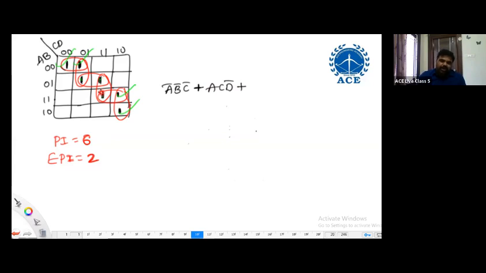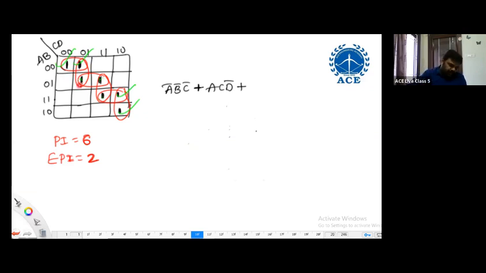Check it correctly, listen carefully. The essentials cover these two minterms. There are 3 minterms which are not covered by essentials. To cover those 3 minterms, we have to choose non-essentials. Correct. While choosing non-essentials, listen.